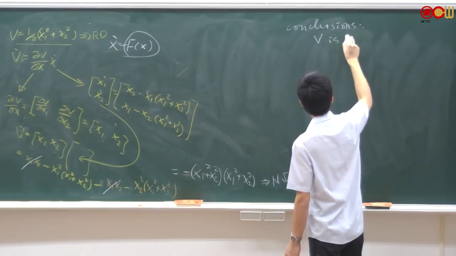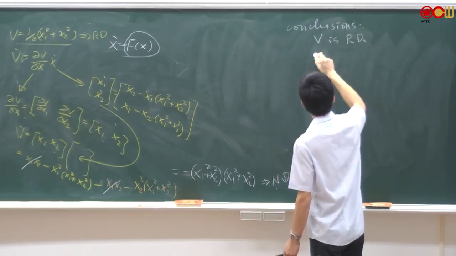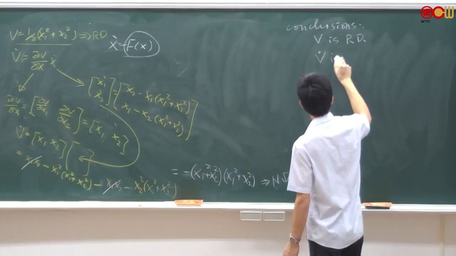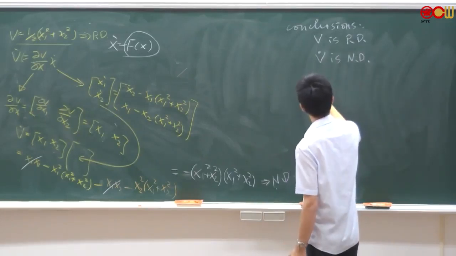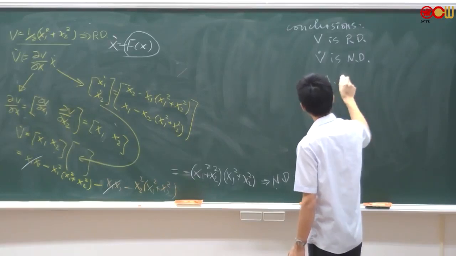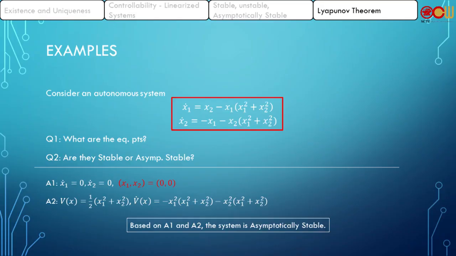V is PD, V dot is ND, that is asymptotically stable. You don't need to solve the solution. You know x1, x2 will go to the origin as t goes to infinity, no matter where you start.